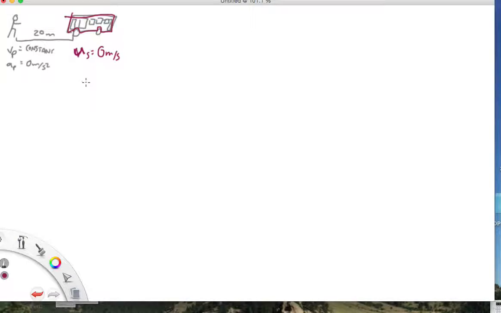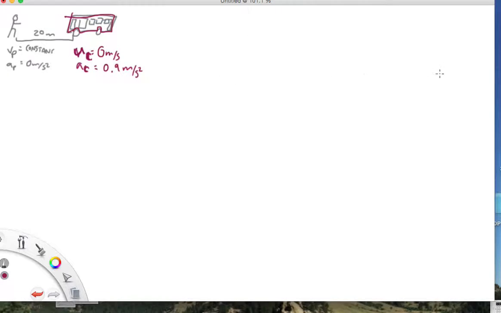And for the acceleration of the streetcar, I'll use C instead of S. The subscripts just denote whose velocity it is: this is the velocity of the person, that's the acceleration of the person, this is the acceleration of the streetcar, and this is the initial velocity of the streetcar. They give you this value right here, 0.9 meters per second squared. All right, that's all the information that's given to you.